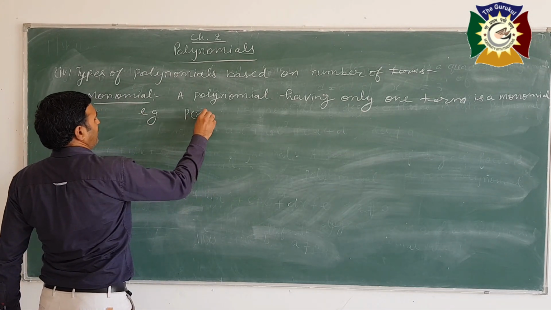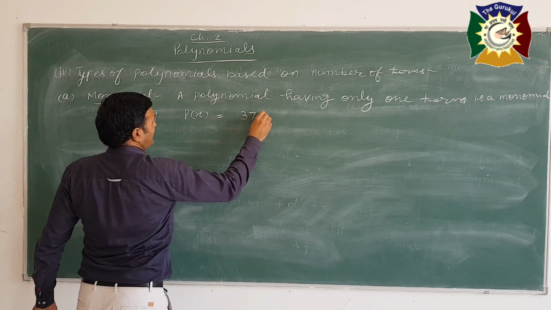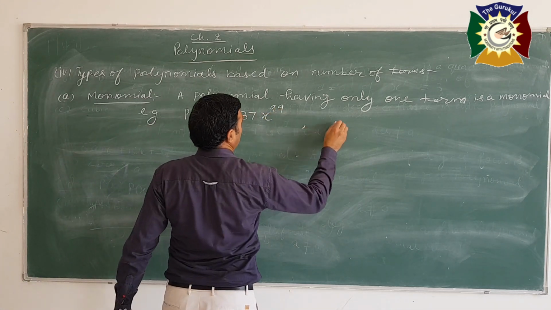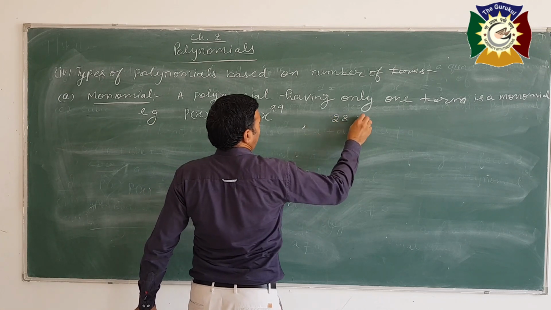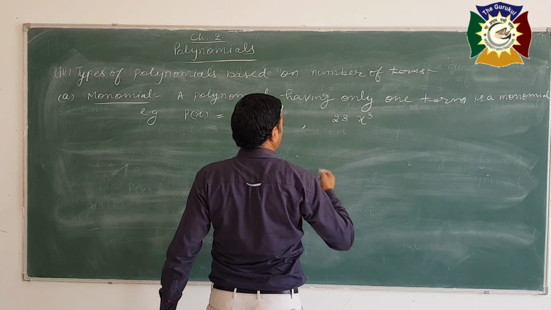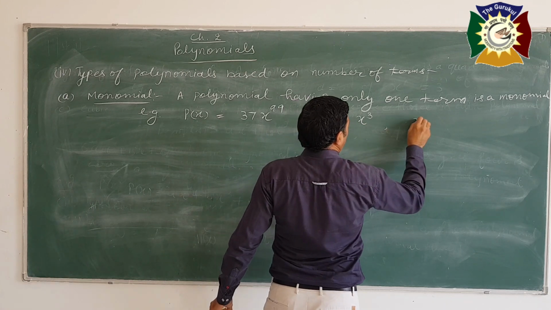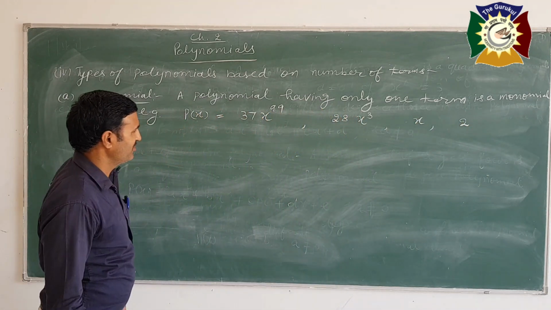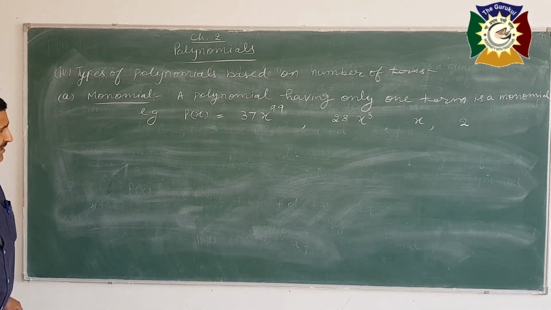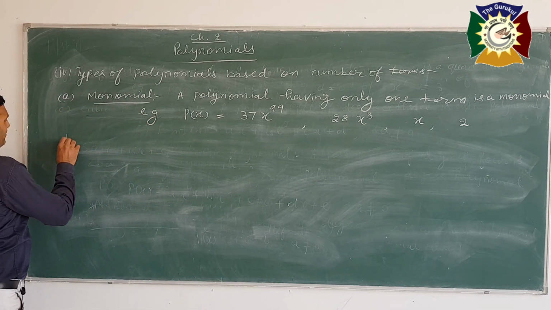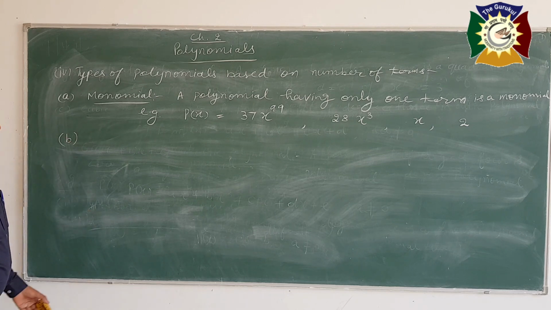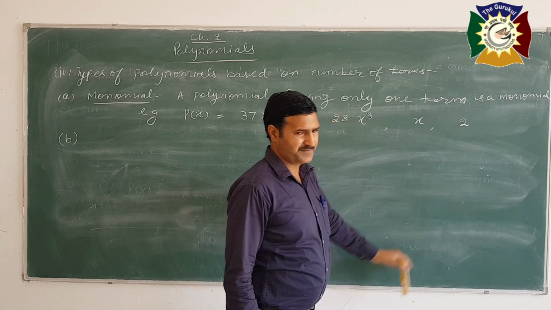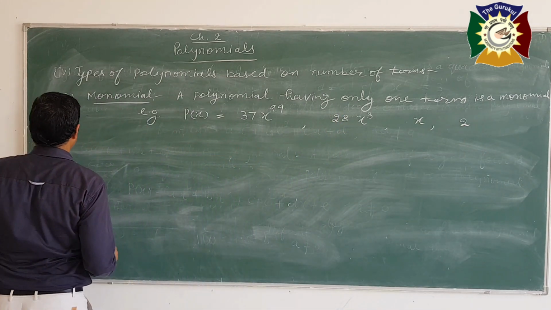So, the monomial is 37x raised to power 99 maybe, or 28x raised to power 3, or x, or 2 constant polynomial, this is also monomial, because the number of terms are in all the polynomials 1. So, these are the monomials.